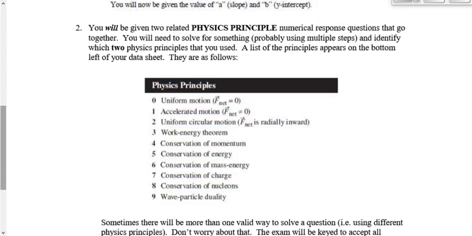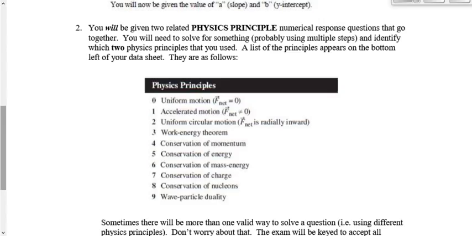This is what takes the place of the written response questions that we had years ago. It used to be that 30% of our exam was made up by written response, where you could get marks for doing work even if you got a wrong answer. They replaced that with a machine-scored numerical response question that asks you to identify a couple of physics principles that you use to solve another numerical response question.